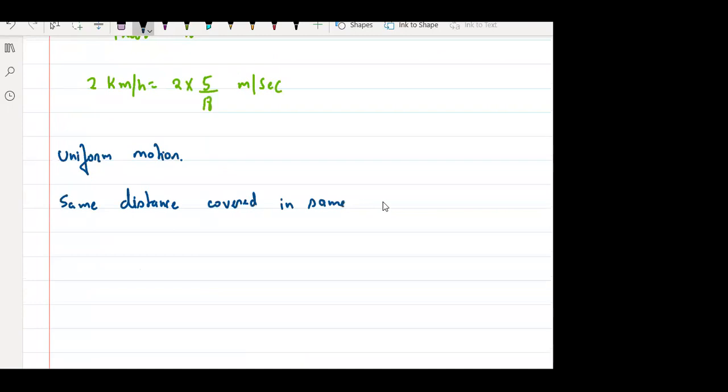Same time, which actually means same speed. That is the basic meaning of uniform motion. So in next class we will continue with this uniform motion and some numericals of speed. We will finish this chapter next class. Okay? Clear?